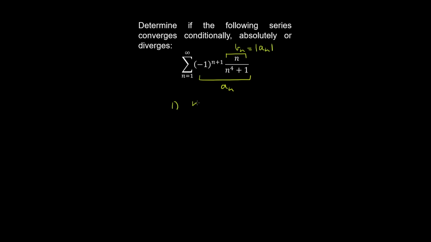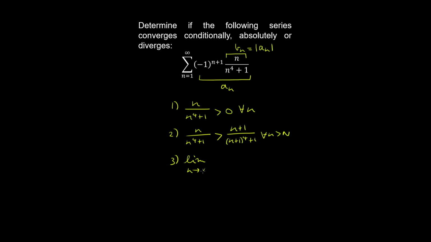And using the alternating series test, we can see that bn is greater than 0 for all n, and we can also see that the current terms in the series are greater than the next terms in the series, for all n greater than some integer. And we can also see that the limit as n goes to infinity of bn is also 0.